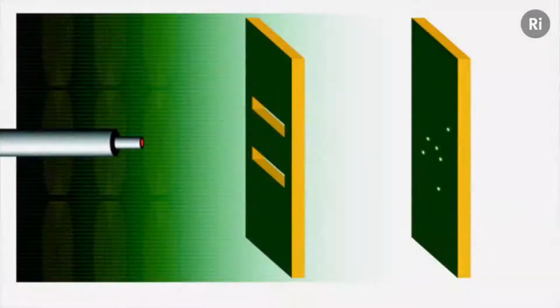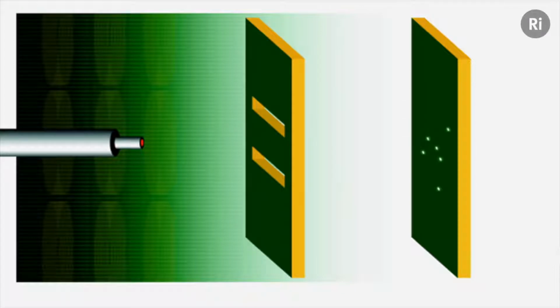But we can be clever, and we can force the issue. What if we were to not send the atoms all through at once, but send them through one at a time? Leave enough of a gap for the atom to get through to hit the screen. Of course, some atoms will hit the first screen and not get through, but those that get through will hit the back screen.